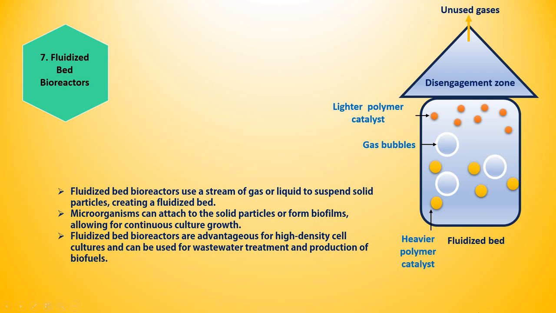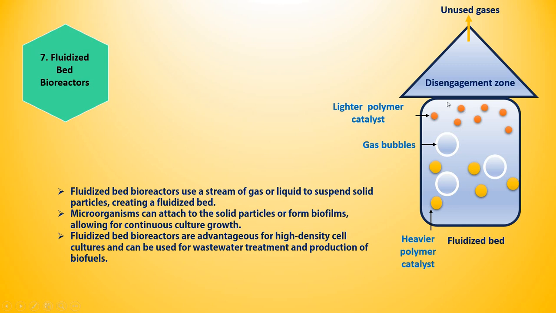So when we fluidize the bed, definitely the lighter polymer catalyst will travel much faster, and it will accumulate in the top of the bioreactor, and the heavier polymer catalyst, due to its heavy mass, cannot travel that fast, and that will separate from the lighter polymer and settle down towards the lower portion of the bioreactor.